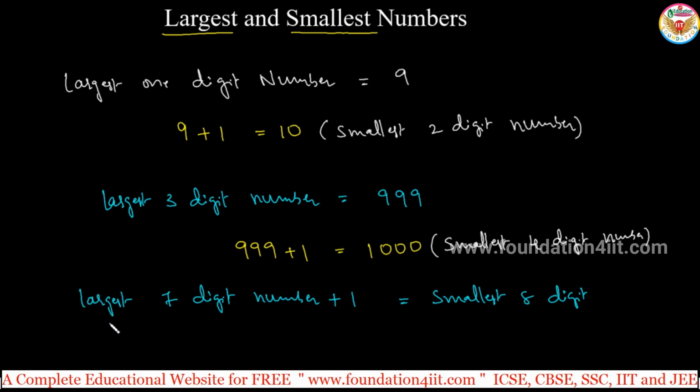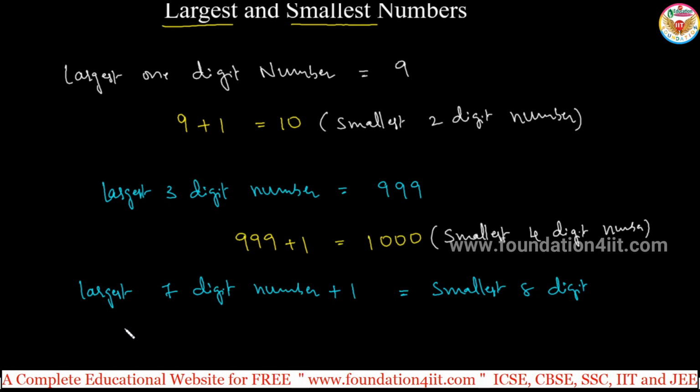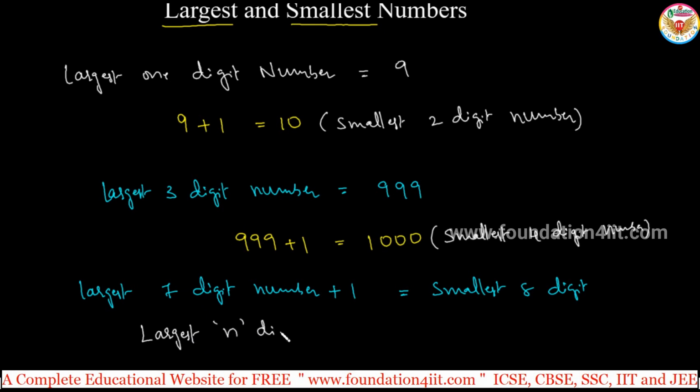Now this pattern we can conclude like this. Any number is given, and we can make the pattern. Instead of 1, 2, 3, let's say n. The largest n digit number, where n is any number like 7, 6, or even the largest 10 digit number.